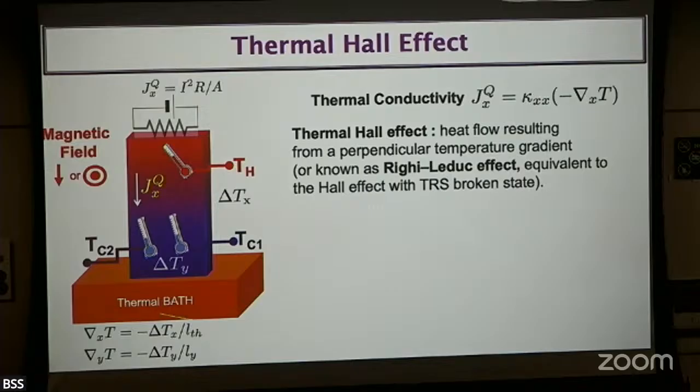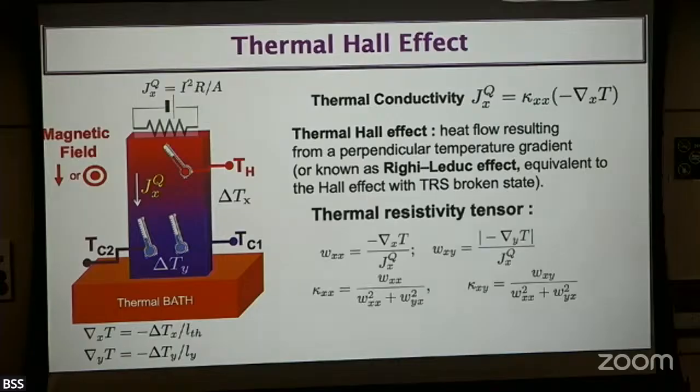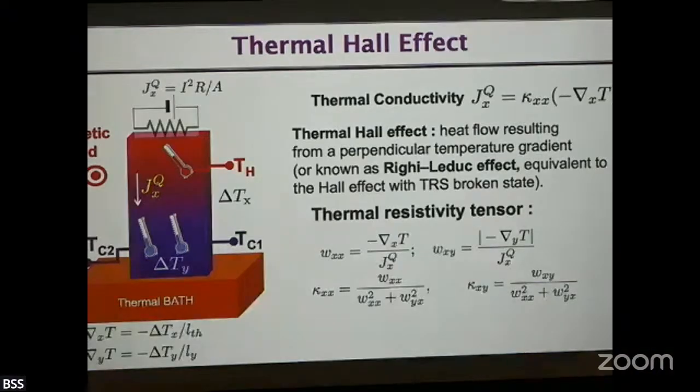The way we calculate it, what we're measuring are two temperature differences, delta Tx and delta Ty, with corresponding length scales Lx and Ly, and then we can get the length-independent gradient. The way we calculate the thermal kappa xy is using the resistivity tensor, exactly identical to the conductivity and resistivity tensors.